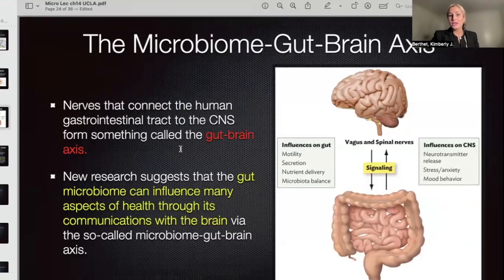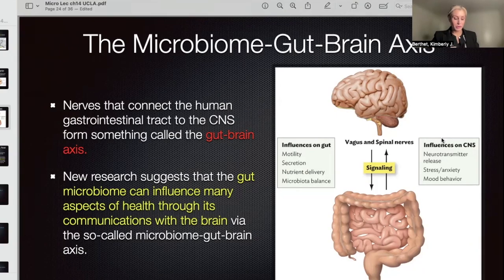Okay, looking at our microbiome, we can look at our gut-brain axis. Something really interesting, if we look at the colonization of microorganisms within our gut, which is one of the most diverse microbiomes, we see that the microorganisms can actually communicate with our brain through the vagus nerve or through these spinal nerves and communicate with us. So we see that we can have influences on our stress, anxiety, and mood behavior from our microbiome.